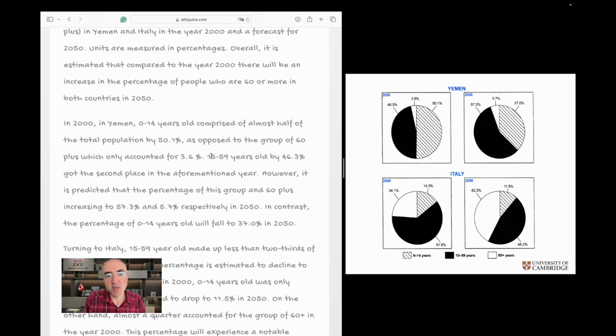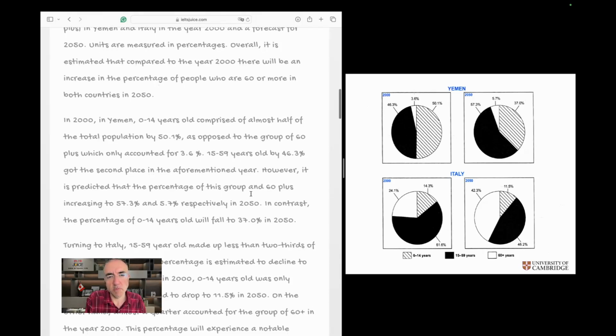So maybe instead of this, we can say "looking at" or "regarding", and then we can talk about the rest. 15 to 59-year-olds, again, by 46.3%, got the second place in the aforementioned year. Thank you. We just reported the data here. We tried a little bit here to compare, just a small amount.